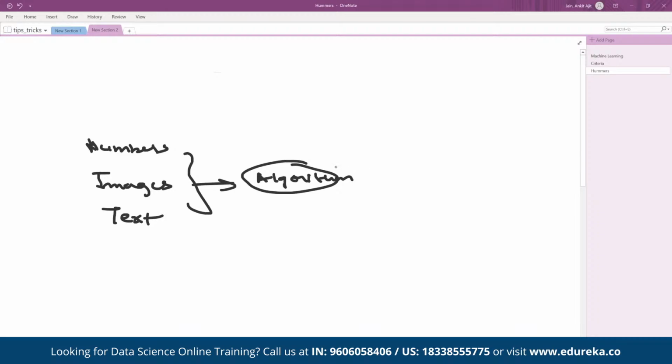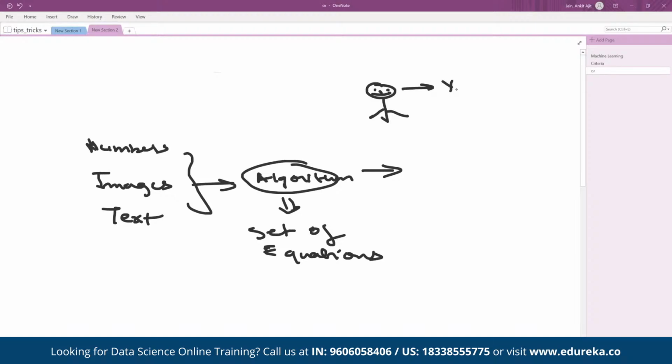okay, the algorithm basically means what? It is a set of equations. Okay, and when you tell the algorithm, from these numbers, images, or text you give them, this is you. So all of you, I have made you now very thin today.